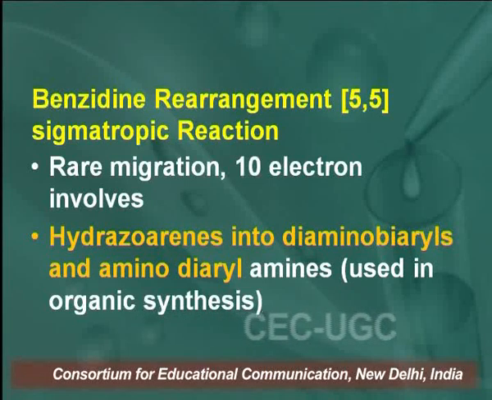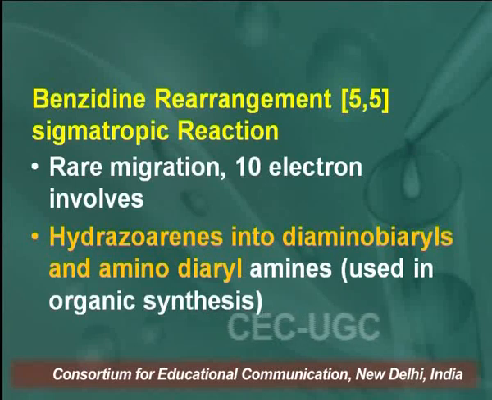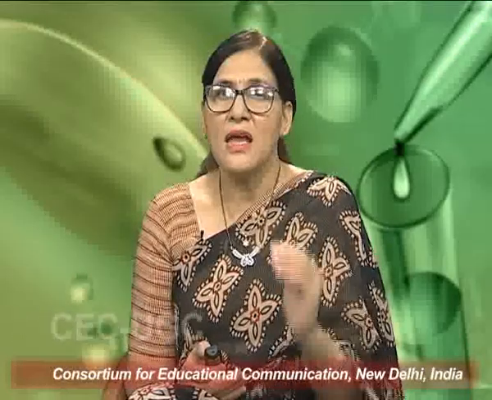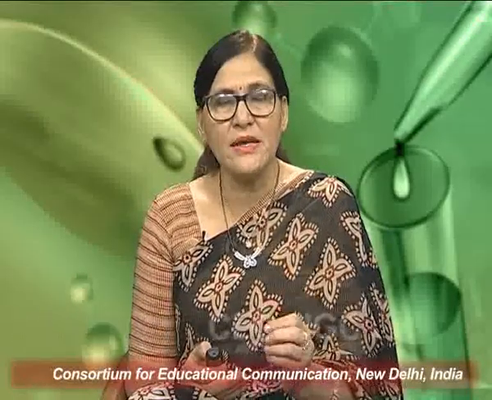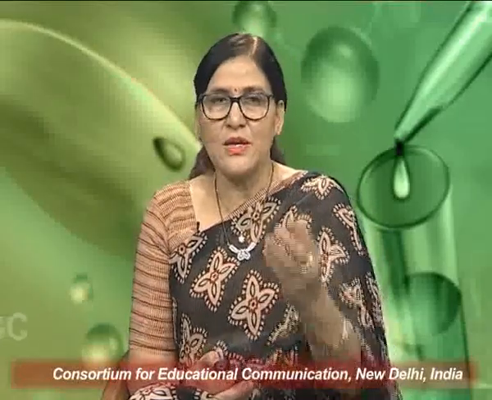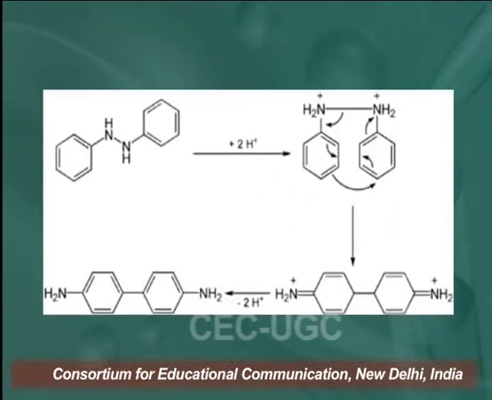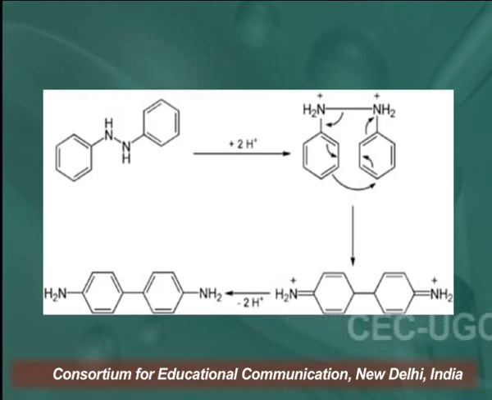The last very important reaction is the benzidine rearrangement, a 5,5 sigmatropic reaction where 10 electrons are involved, and it is a rare migration. It is very important in organic synthesis. Here hydrazoarenes change into diaminobiaryls. This is the benzidine reaction. We are looking at a 5,5 migration shift.